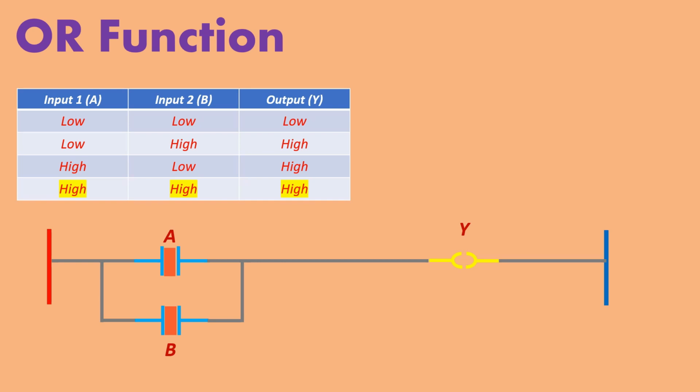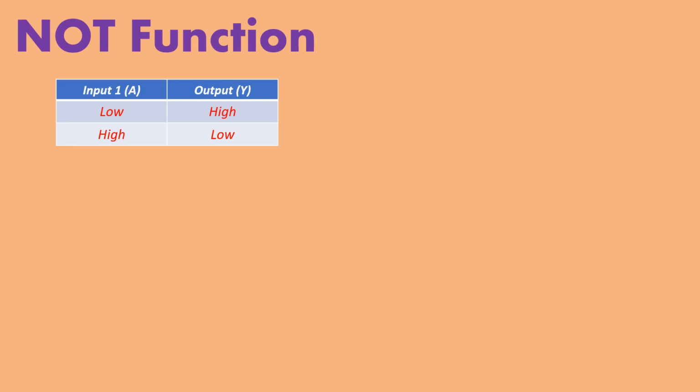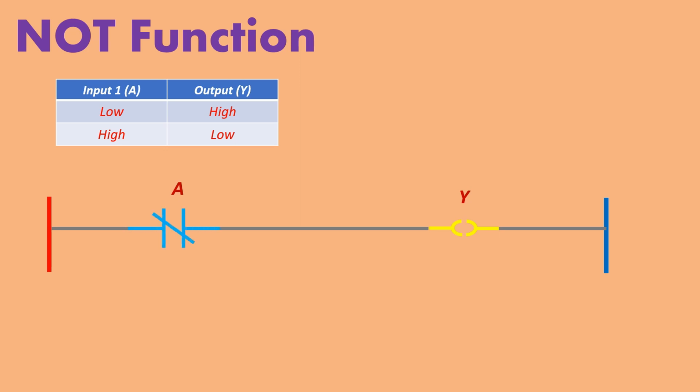Now let's look at another function, the NOT function. This consists of only one input and one output. When the input is high, the output goes low, and when the input is low, the output goes high. Here, instead of using a normally open contact, we will use a normally closed contact.